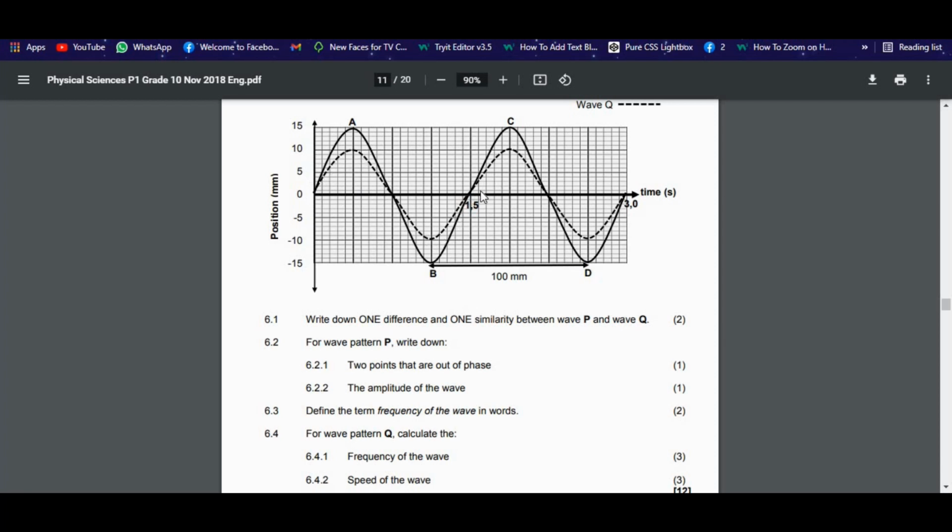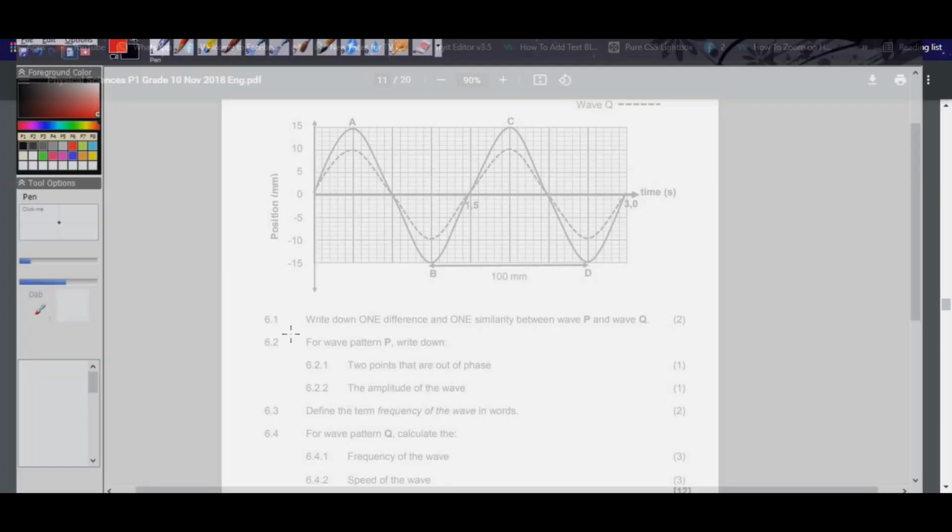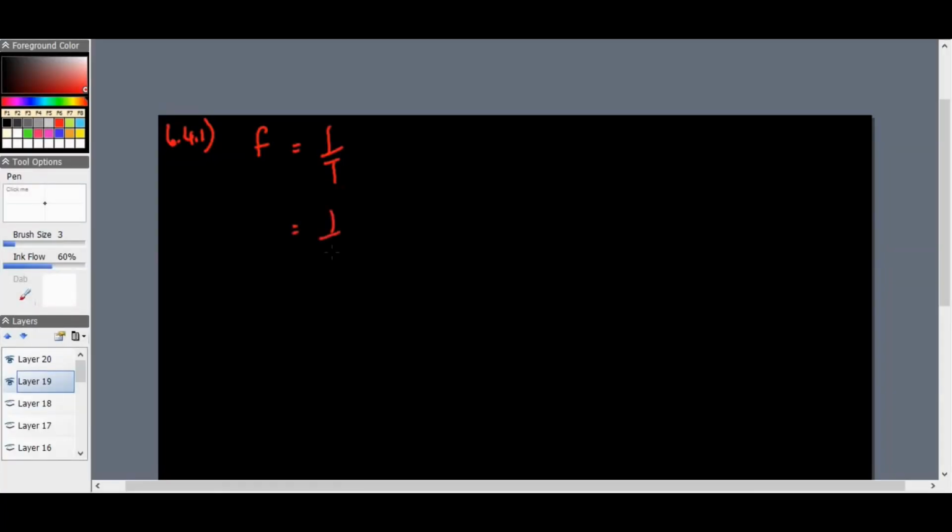So 3 seconds, 2 waves have passed already. So from here, start all the way back here, that's 1.5. So it's definitely equal to 1 over 1.5, and therefore the frequency is equal to 0.67 hertz. Okay, 0.67 hertz.